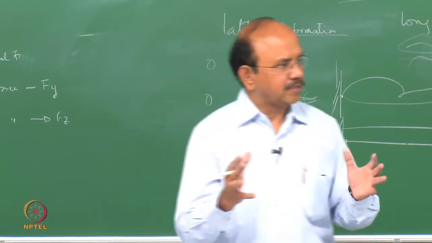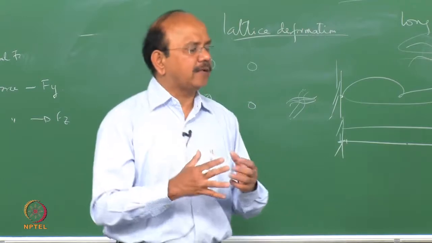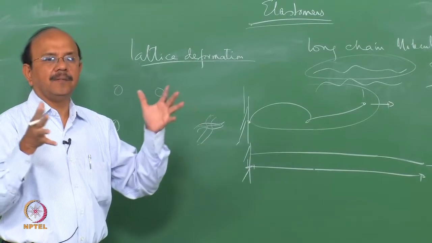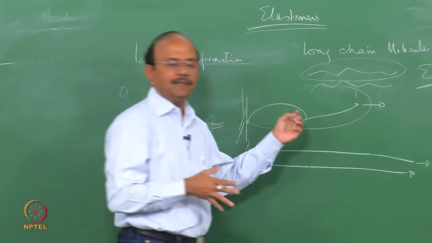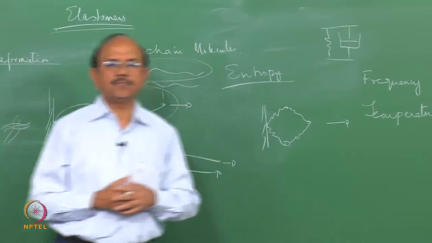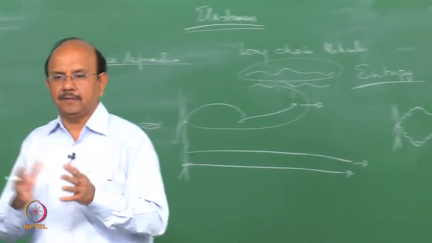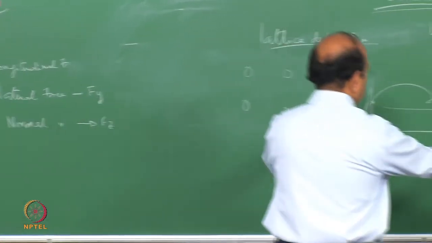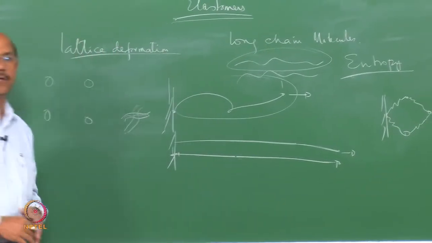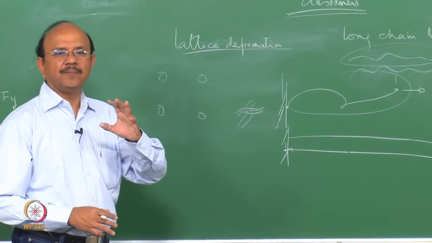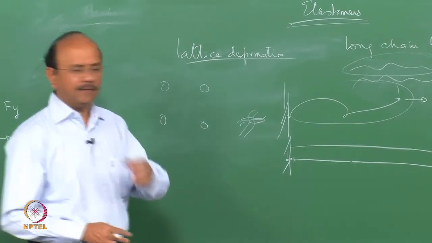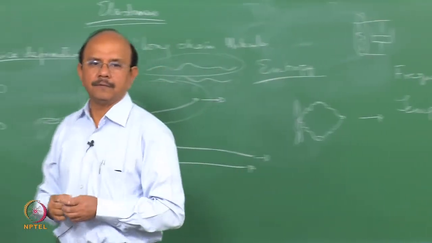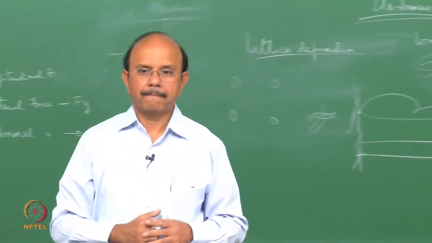So at low frequencies, the time available is quite large, and because of that, the molecules have the ability to expand and then come back. So in other words, at low frequencies, it behaves something like a spring, and so all the forces are dumped into the spring.